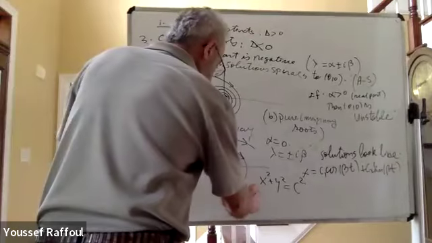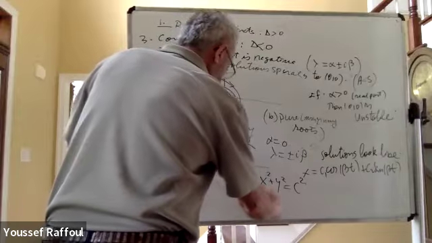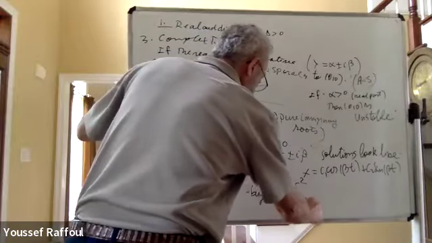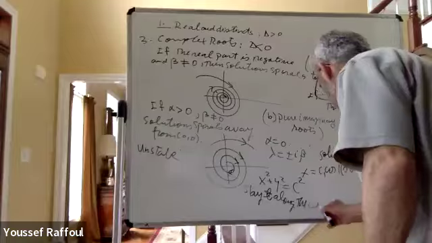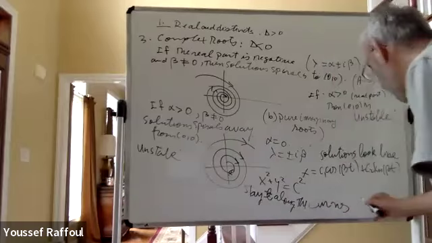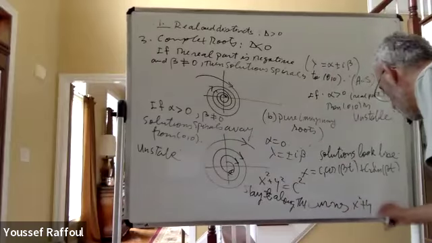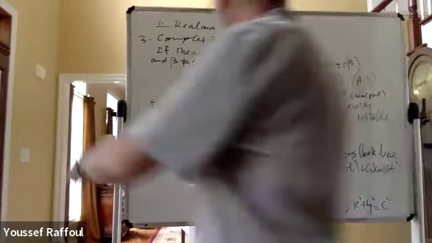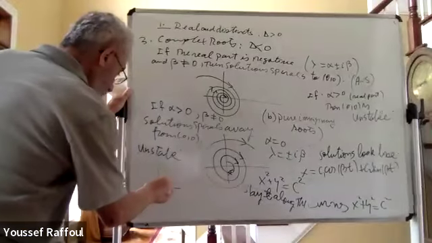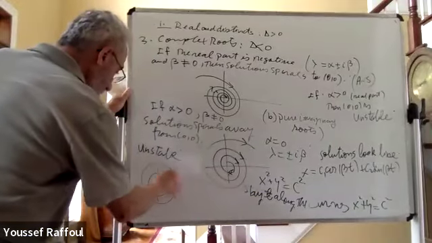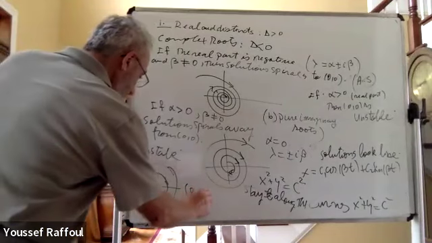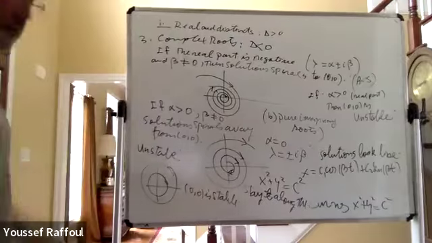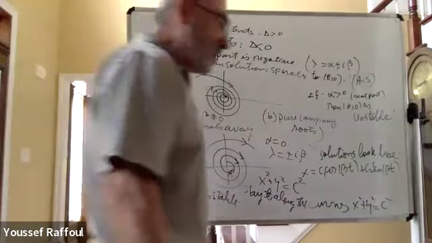So solutions stay along the curve x squared plus y squared equals c squared. You know, this is circular. So in this instance, solutions are like this. And here, 0, 0 is stable. So the origin will be stable.